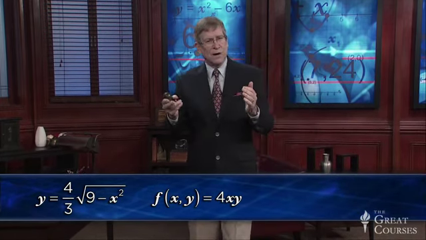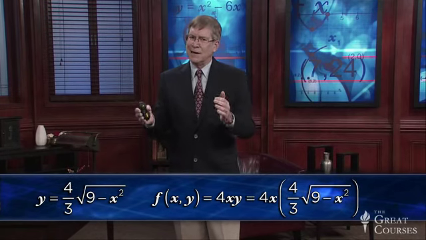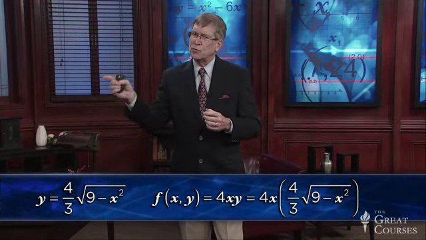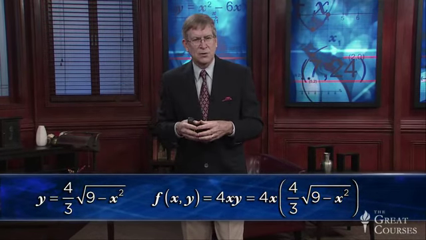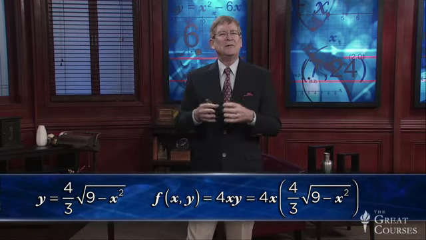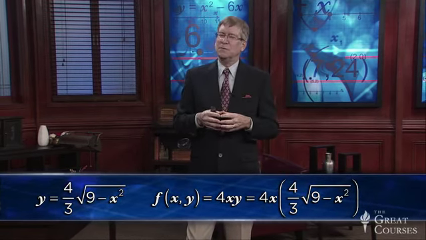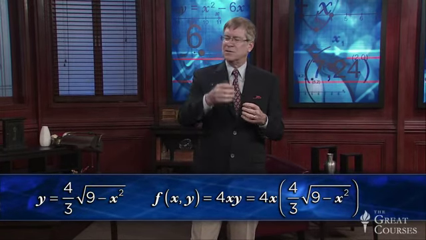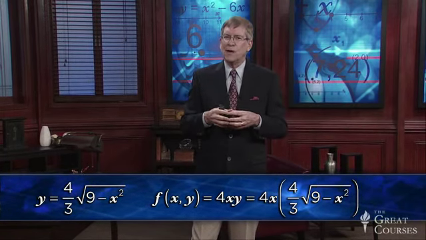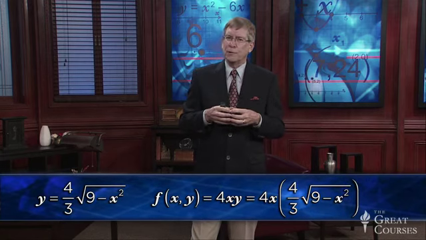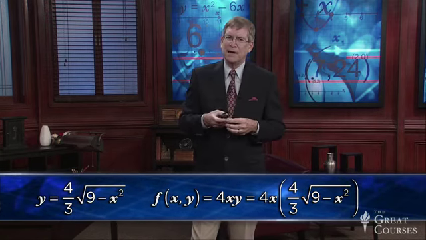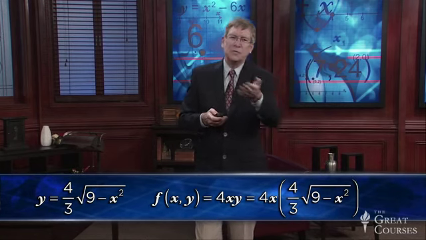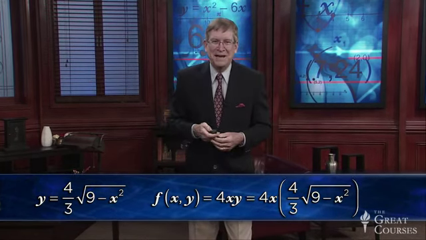So I want to maximize 4x times 4/3 square root of 9 minus x squared. That's a standard maximization problem in elementary calculus. Find the value of x that maximizes the function 4x times 4/3 square root of 9 minus x squared. And you could do that and you'll get the same answer, of course.